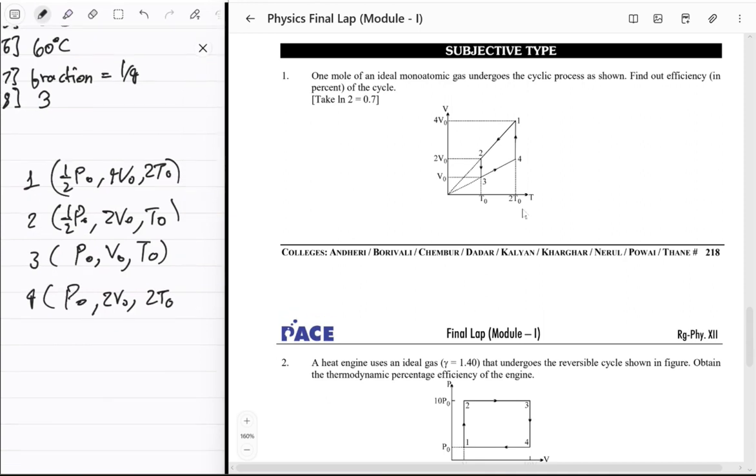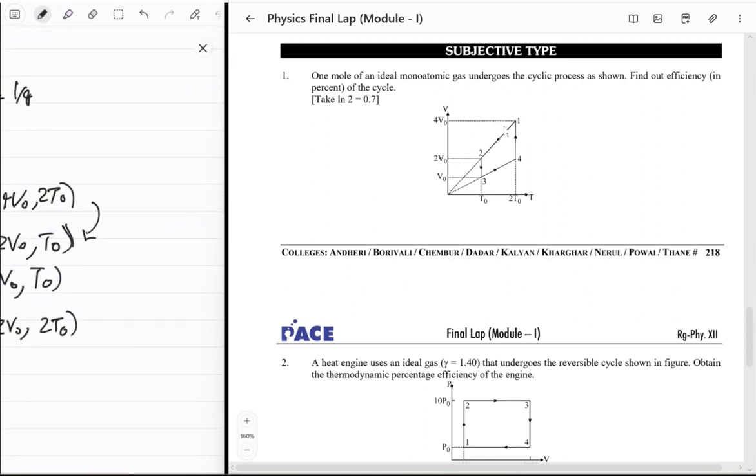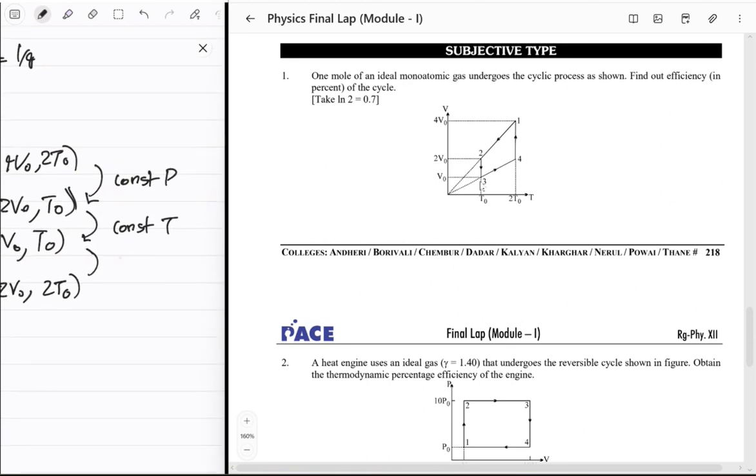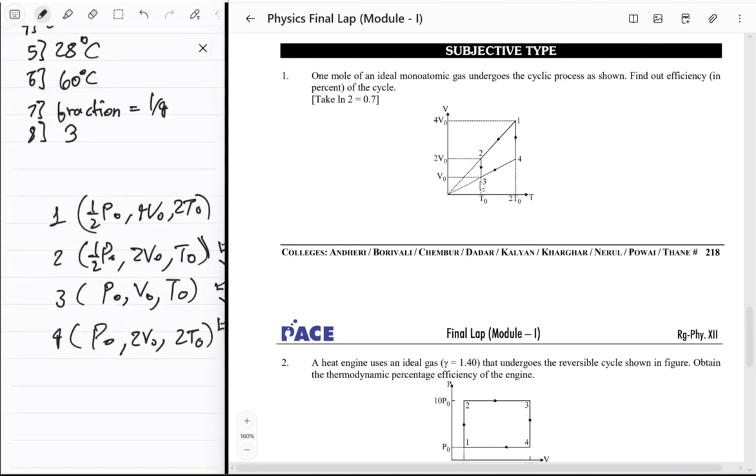Okay, so what kind of process is 1 to 2? V versus T is constant, right? So this will be constant pressure. Then 2 to 3 is constant temperature. Then 3 to 4 is once again constant pressure, and then 4 to 1, right?